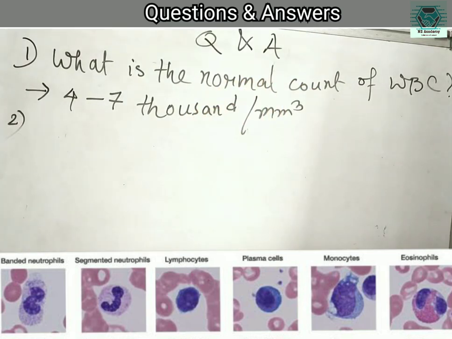Next, question number 2. In which condition does the WBC count become low?